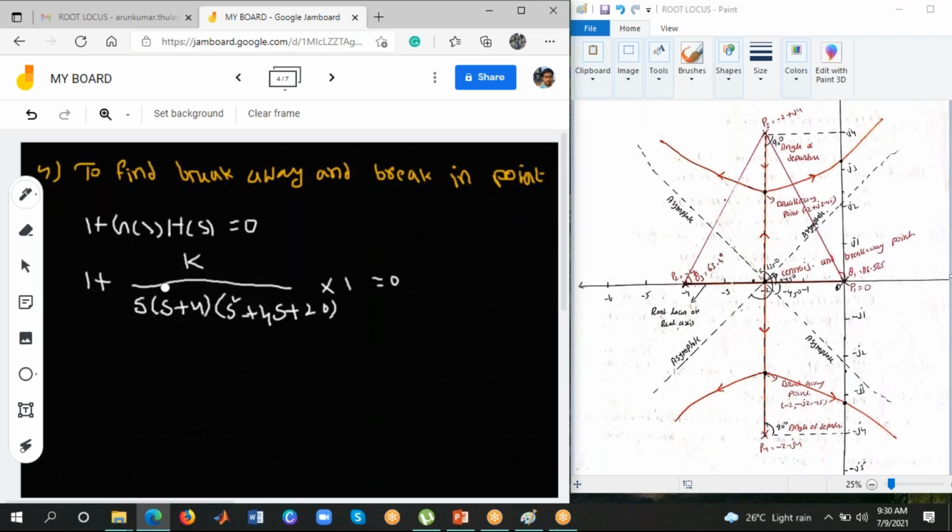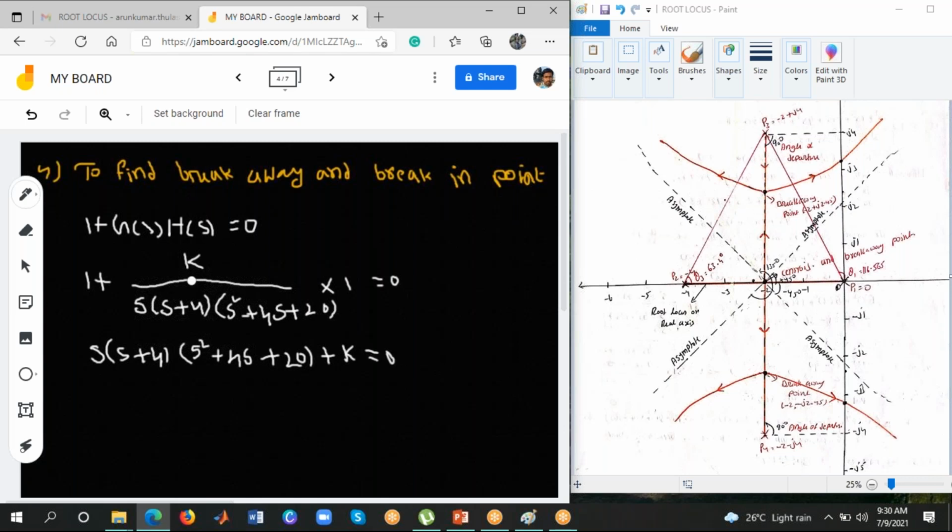Now from this notation we can find the characteristic equation: s into (s plus 4) into (s square plus 4s plus 20) plus K equals 0. Now I am going to multiply this equation.